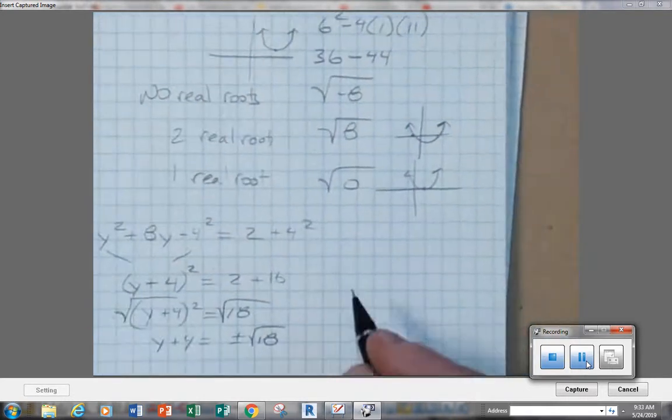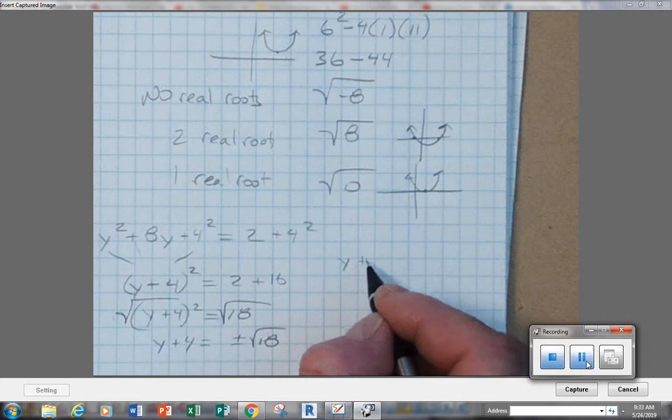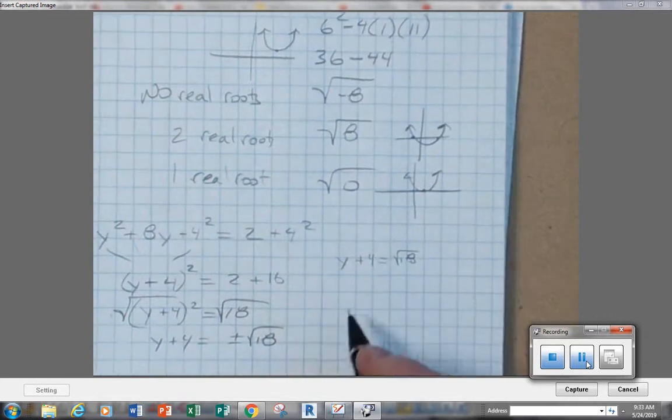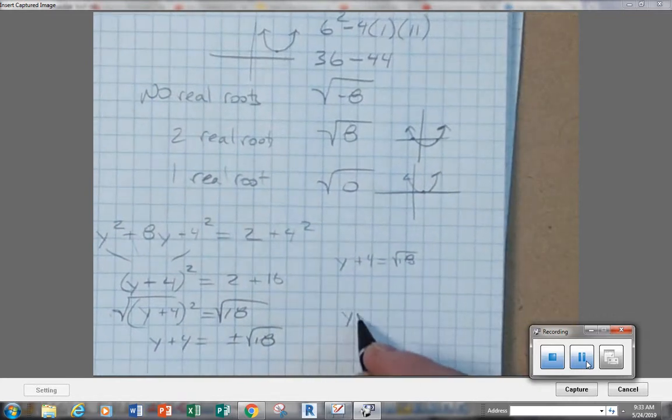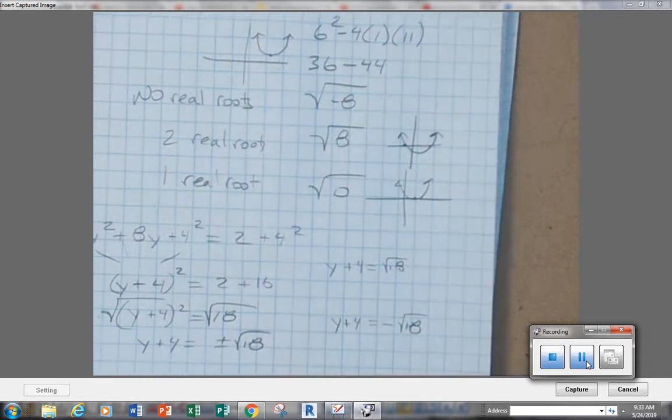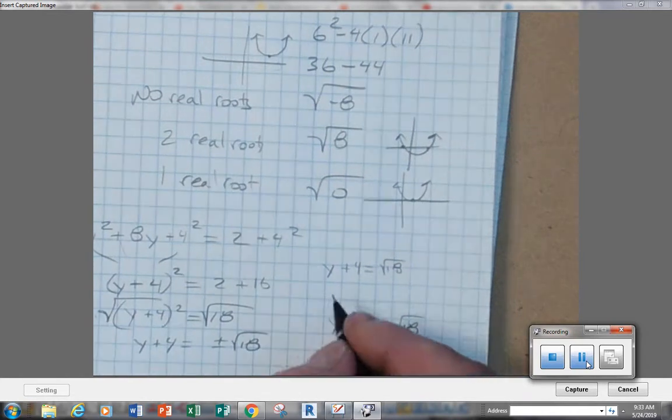One answer is going to come from y plus 4 equals positive root 18, and the other one's going to be from y plus 4 equals negative root 18. So I'm going to do 18 on my calculator and square root it, which gives me about 4.2.